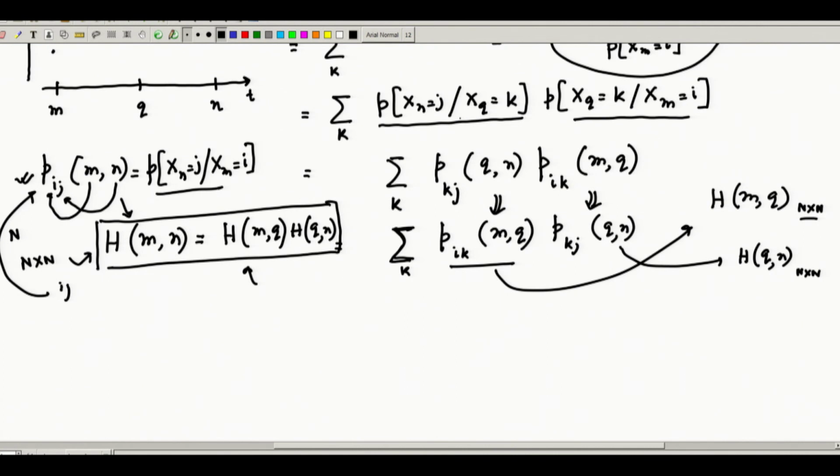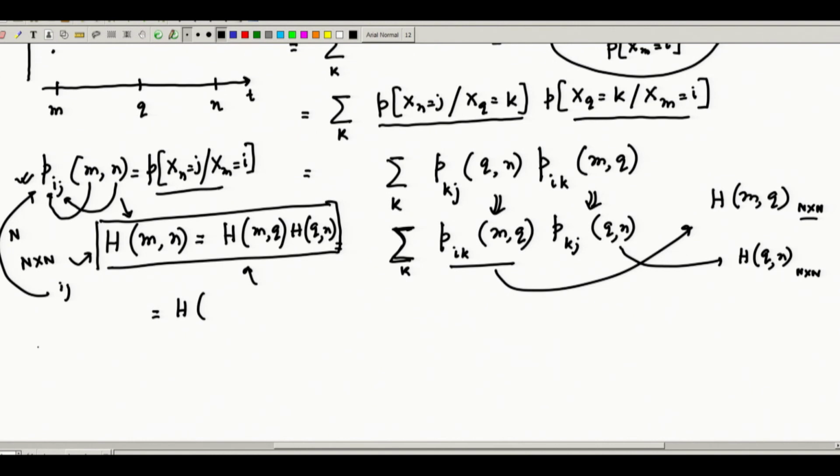That means we actually had this luxury that any 2 or 3 stage transition is just the multiplication of all single stage transitions. That happens only because of this, because I can actually elaborate this. I can write this H M Q, I can further divide it.